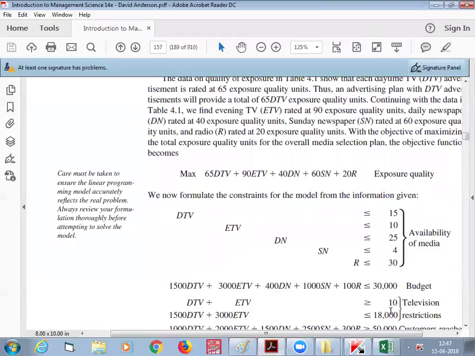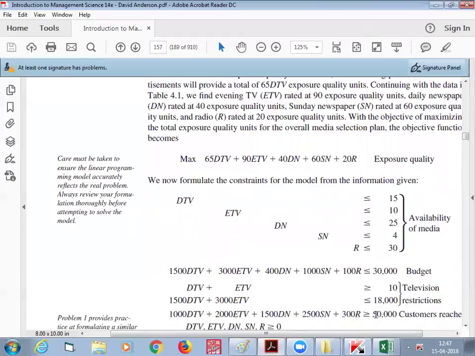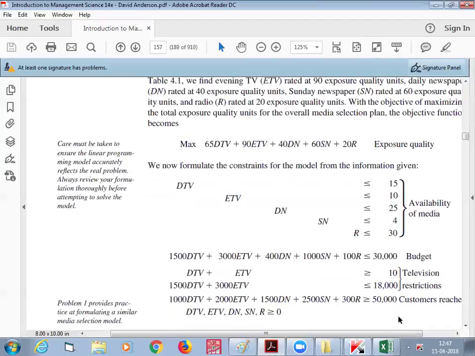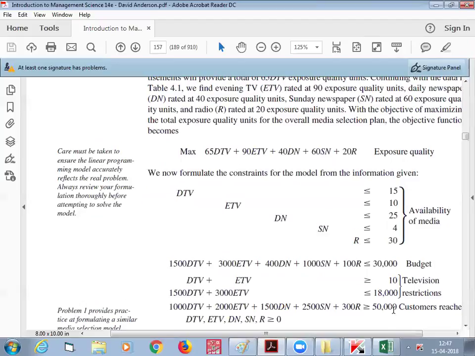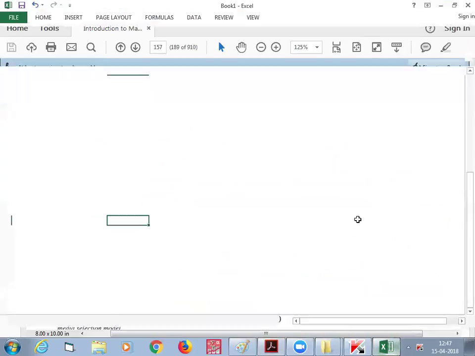And at most 18,000 TV budget, so 1,500 DTV + 3,000 ETV should be less than or equal to 18,000. And at least 50,000 customer reach, so 1,000 DTV + 2,000 ETV + 1,500 DN + 2,500 SN + 300 R should be greater than or equal to 50,000. Okay? So let's do this over here.